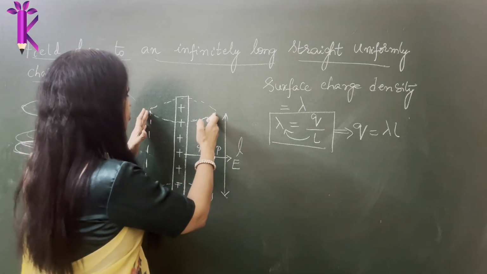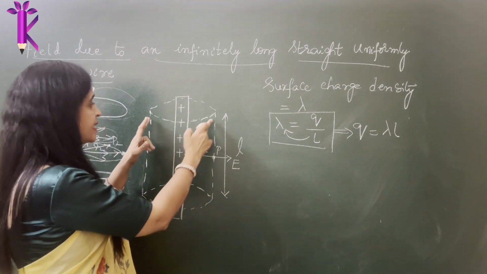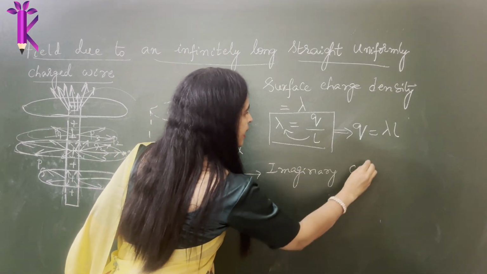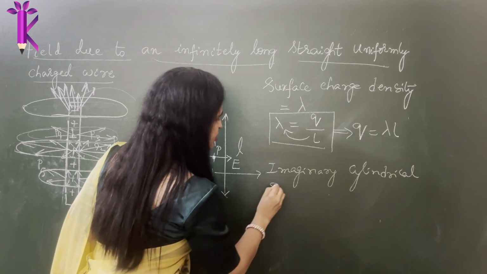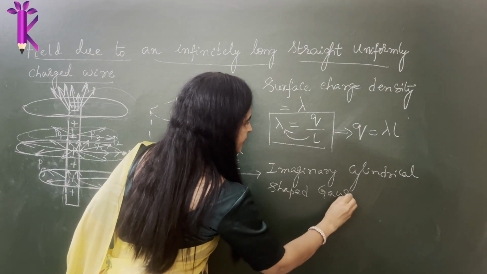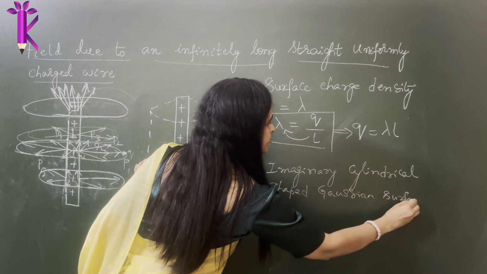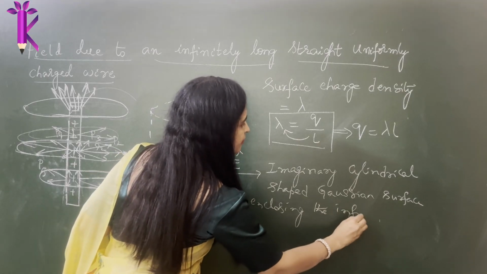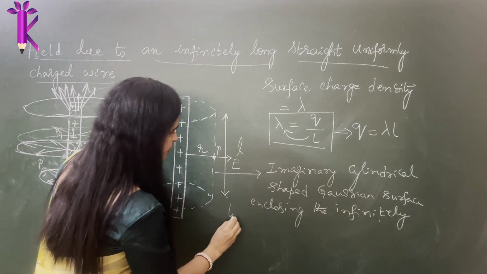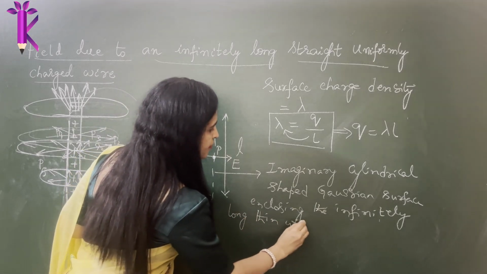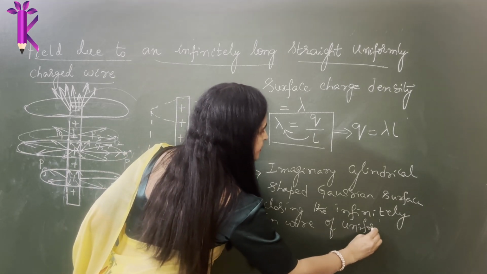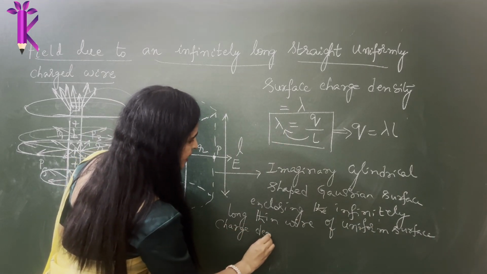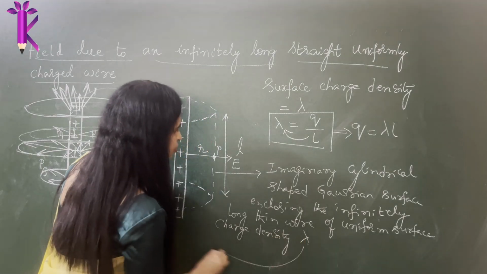I repeat, consider an imaginary cylindrical shaped Gaussian surface enclosing the infinitely long thin wire of uniform surface charge density lambda. You have to write all that.